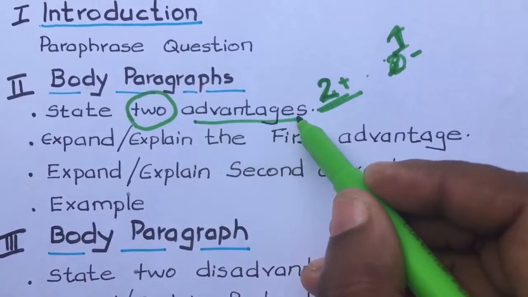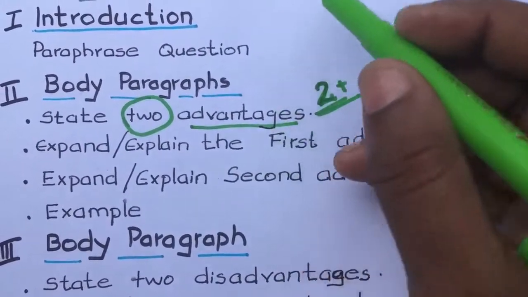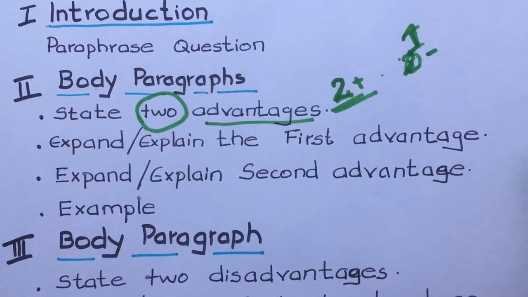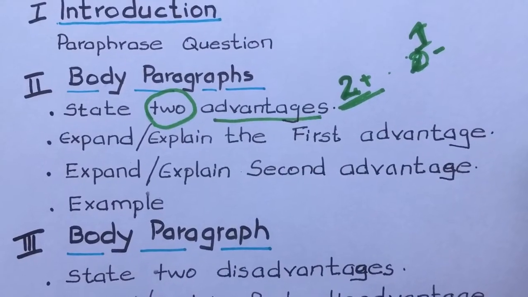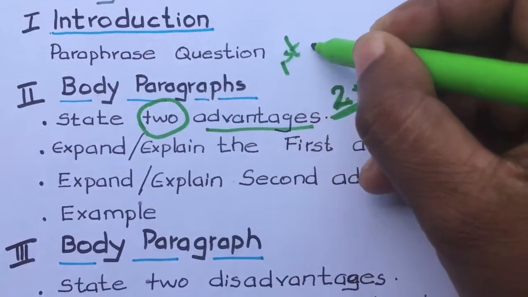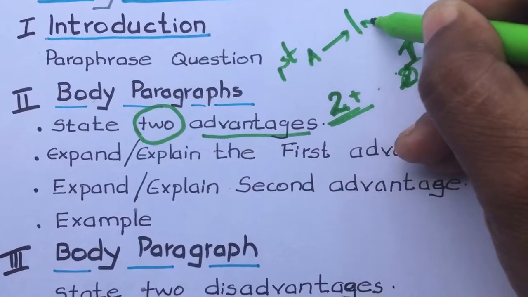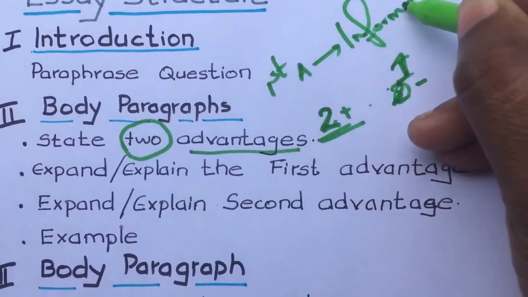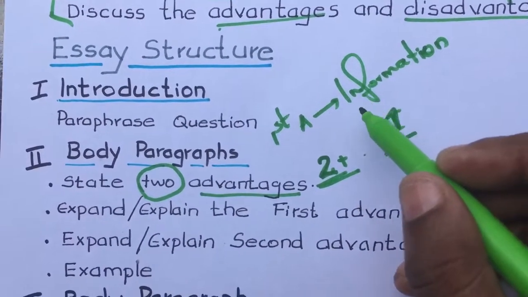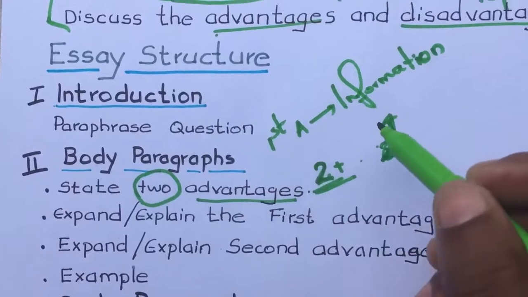You are going to write about the 2 advantages. So what are the 2 advantages of technology in education? What do you think? Obviously we have a lot of information. So what is the first advantage? We can say it is about information. If you want to learn a lot of information, you will get it with the use of technology.